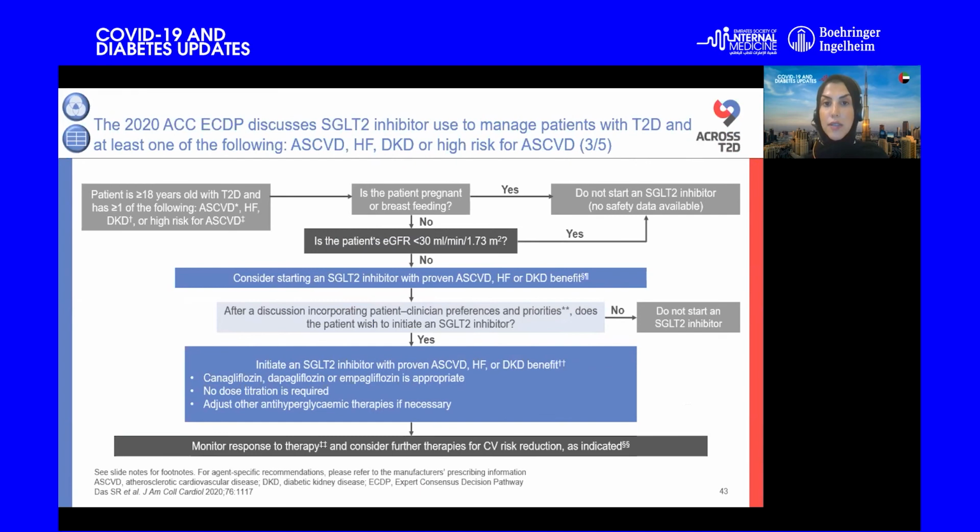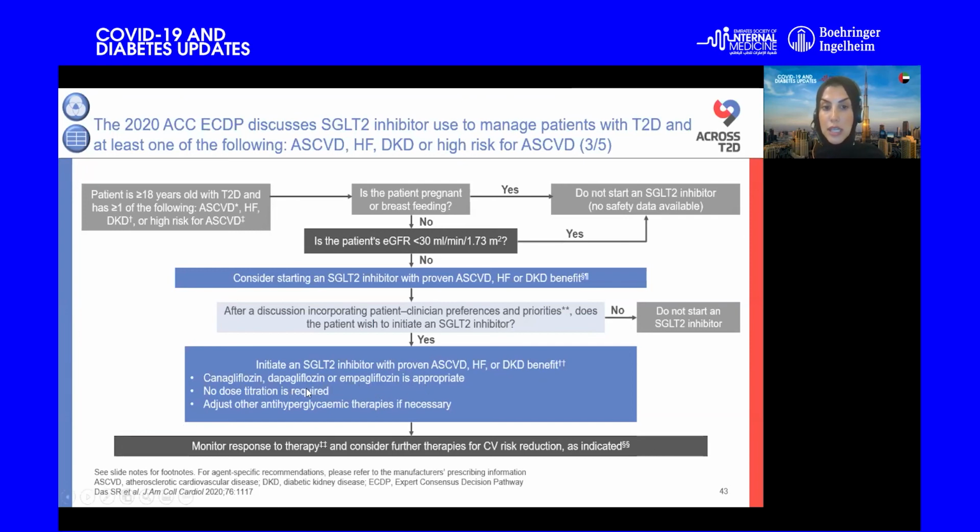And as you can see, if the patient is not pregnant or breastfeeding, and if they do have a good renal function, the ACC 2020 are recommending to start an SGLT2 inhibitor with a proven atherosclerotic cardiovascular benefit, or benefit on heart failure and DKD, and they have mentioned CANA, DAPA, or EMPA whenever appropriate.